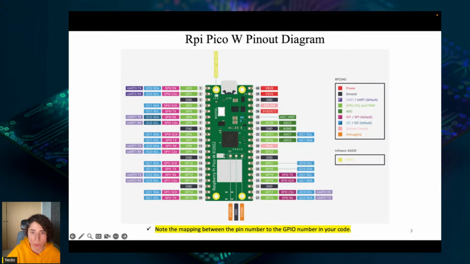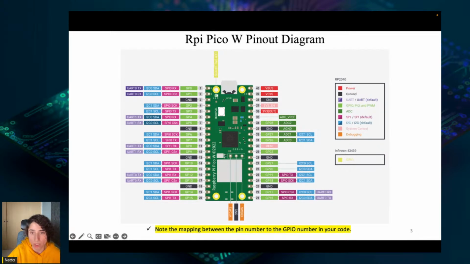Most GPIO pins have extra features and alternative modes for communicating with more complicated hardware, such as screens, and also offer secondary functionality for SPI, as you can see here in this pink color, I2C in blue, and also UART in this purple color.